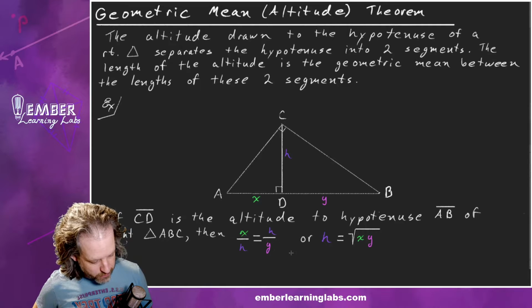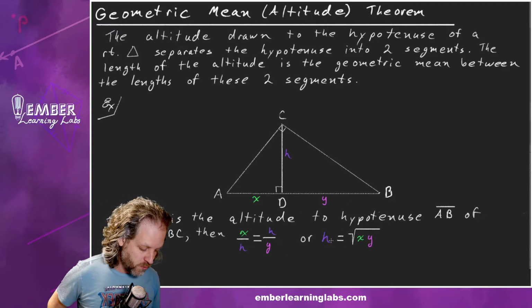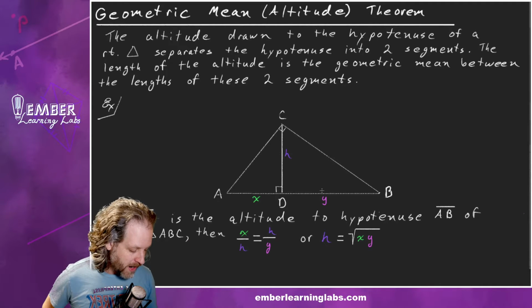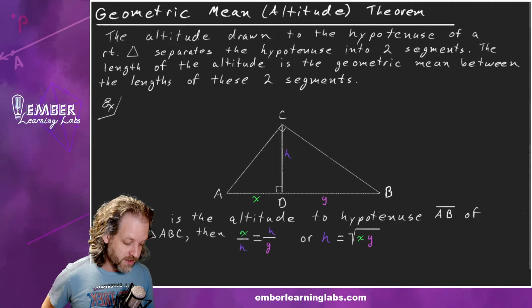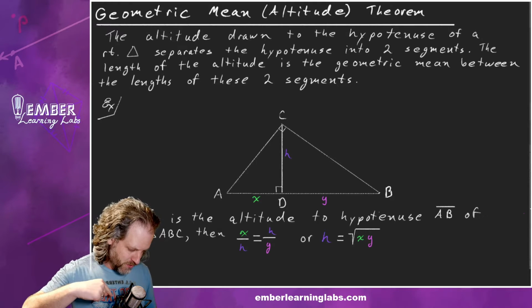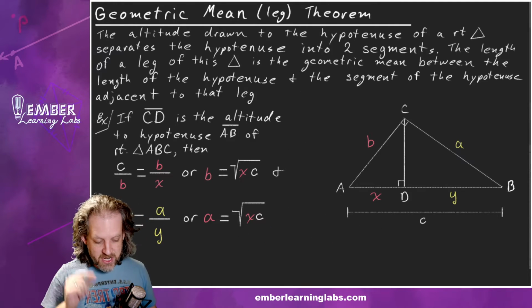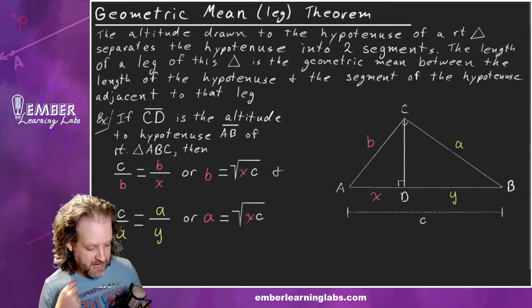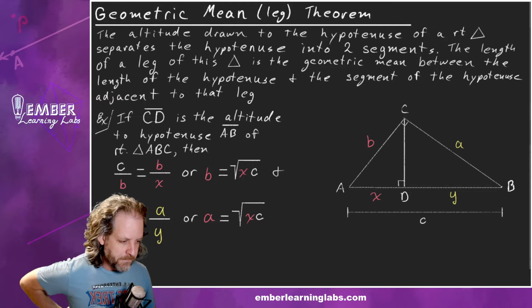We can write this proportion or we can write it in this format. So we can solve for that altitude by finding the square root of the two segments times each other. And then we can use the geometric mean leg theorem to set up two other types of proportions.